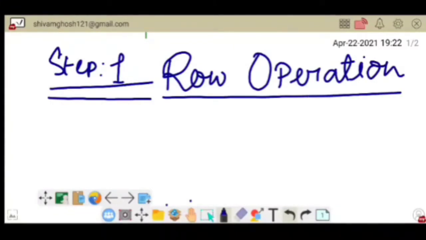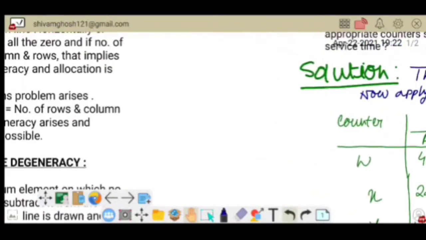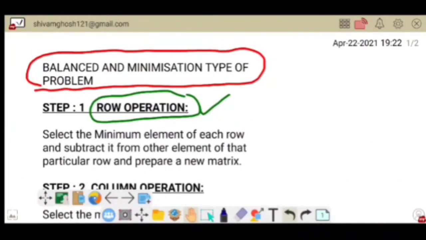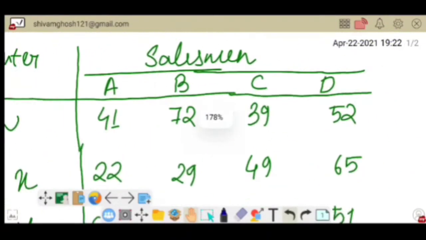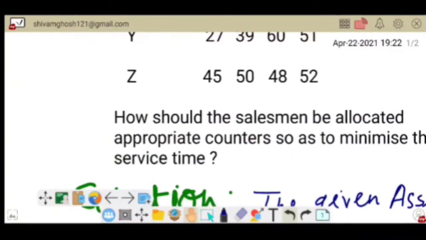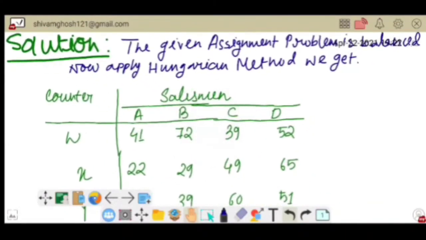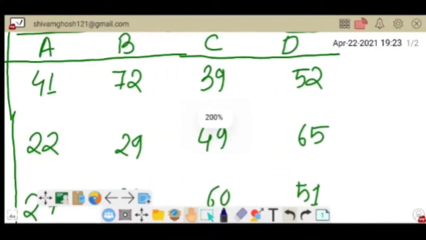In the row operation, select the minimum element of each row and subtract it from the other elements of that particular row and prepare a new matrix. So at first we have to select the minimum element of each row. In the first row, which element is minimum? 41, 72, 39 and 52. So 39 is the minimum, and subtract it from the other elements.